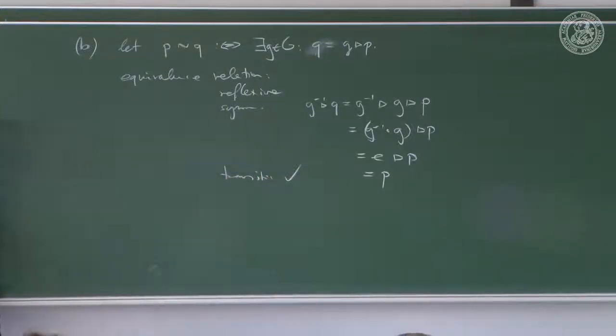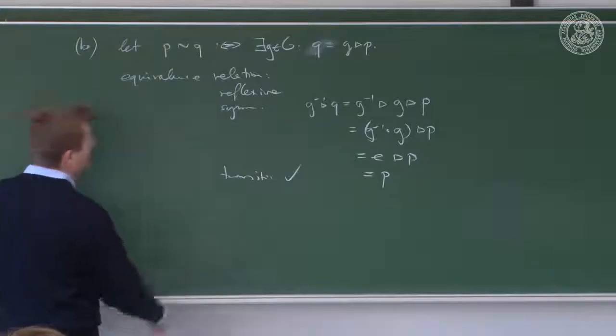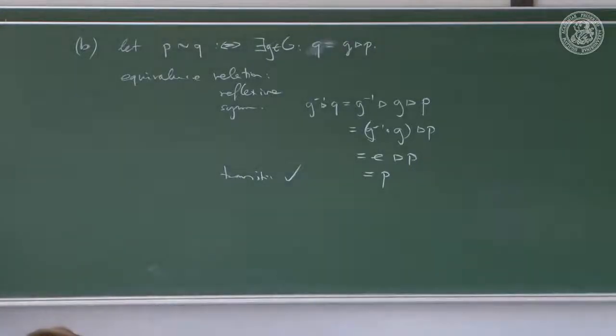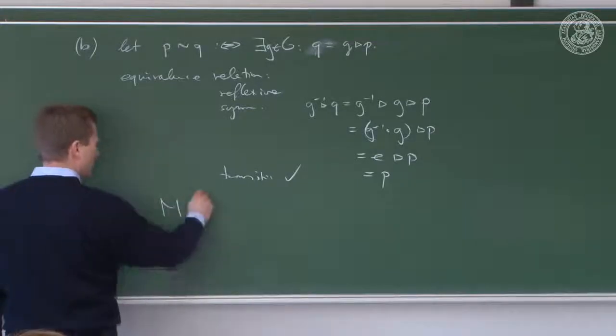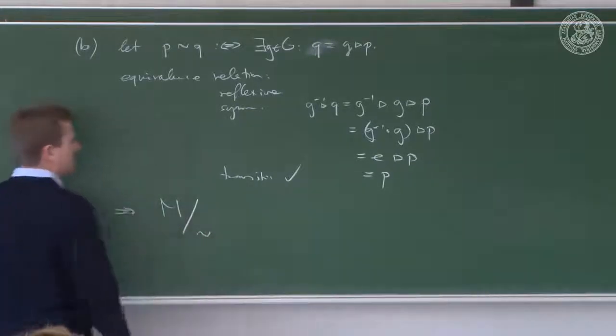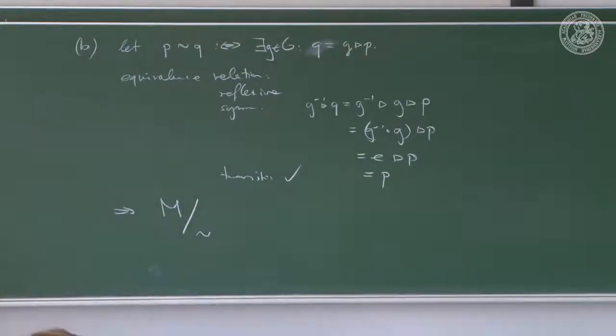Let's not do that. So this is an equivalence relation, and if you have an equivalence relation, you can consider the equivalence classes. So you can take the manifold and identify all the points that are equivalent under the equivalence relation. So that's the quotient space.